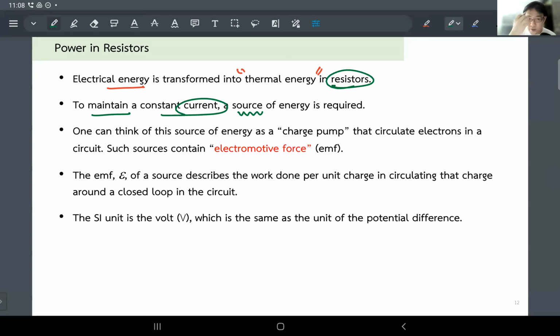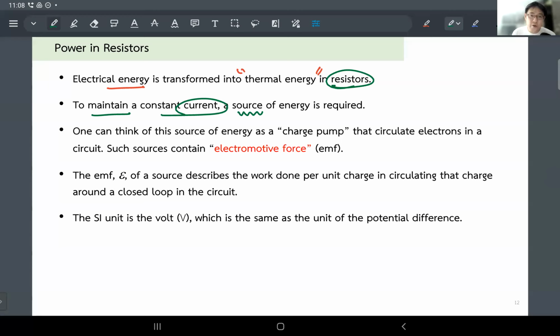Does that make sense? All right. So that's why you need some energy source. The way that you can supply that, you can imagine, is your battery. Your battery is the part of the device that allows you to supply energy to the circuits that you use. So that's your energy source.